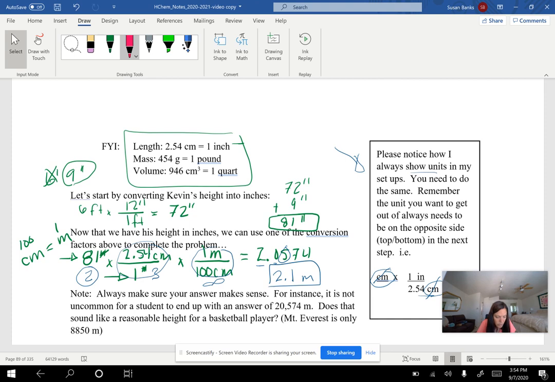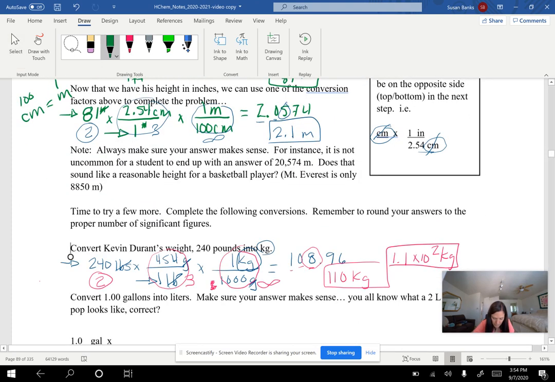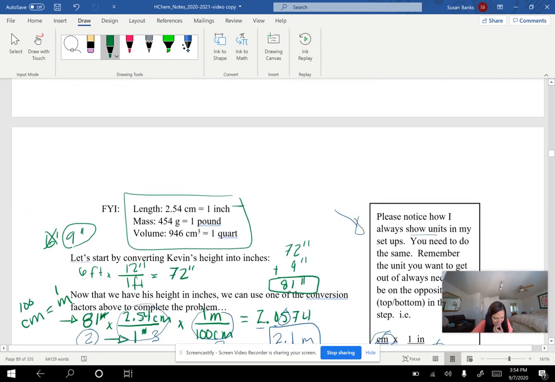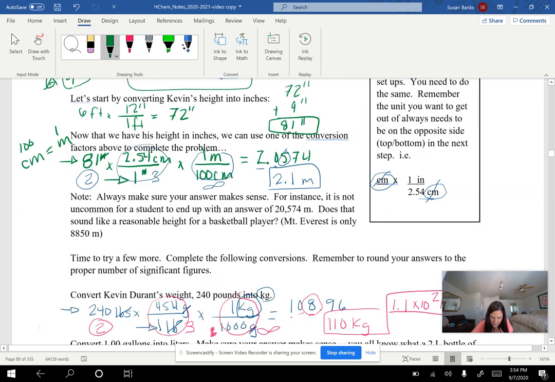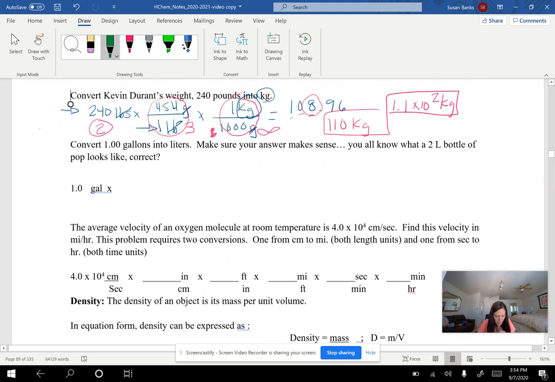Okay, so if I look at this, that was 946, and it was to a quart. So we need to get gallons into quarts. How many gallons are in a quart or vice versa? Do you guys remember?